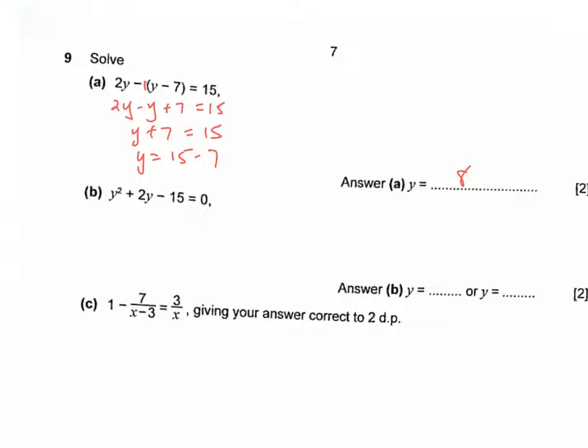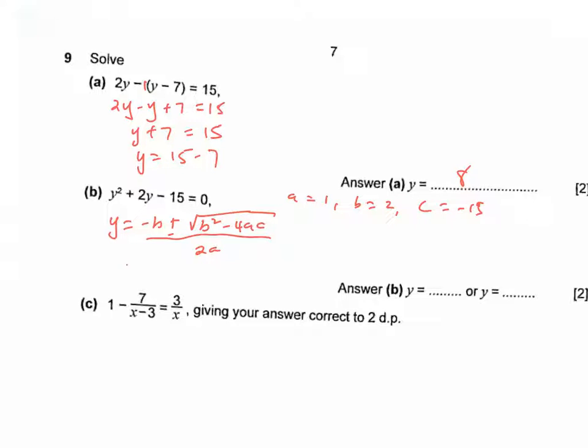Okay, then the next one, this is a quadratic equation. The easiest way, if you can factorize, for me it's easier, but use the quadratic formula, because here you are not told which method you should use. So y is negative b plus or minus the root of b squared minus 4ac, everything over 2a. Then you just substitute. Your a is 1, your b is 2, and your c is negative 15.